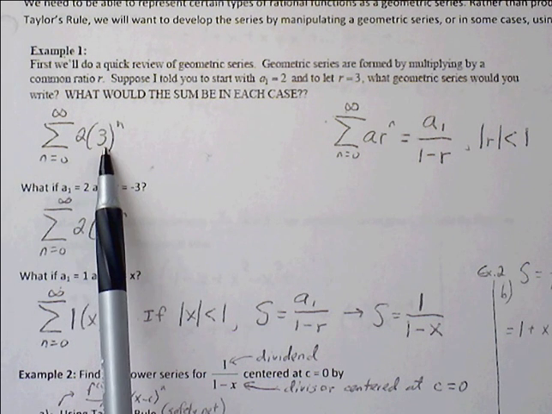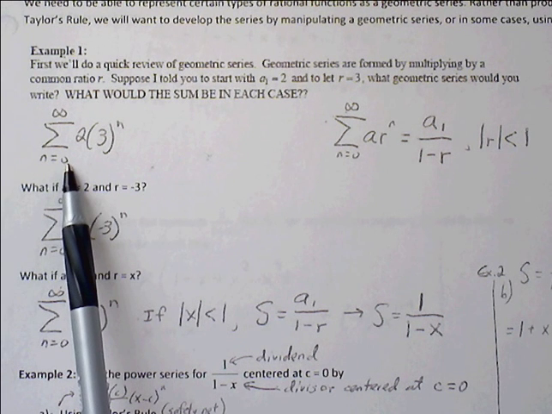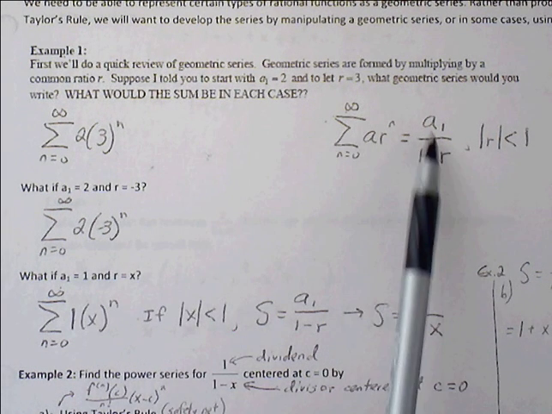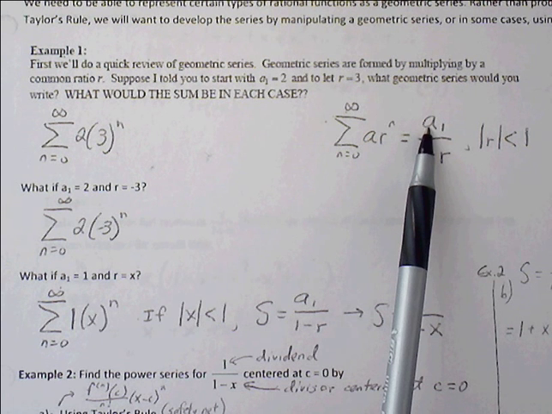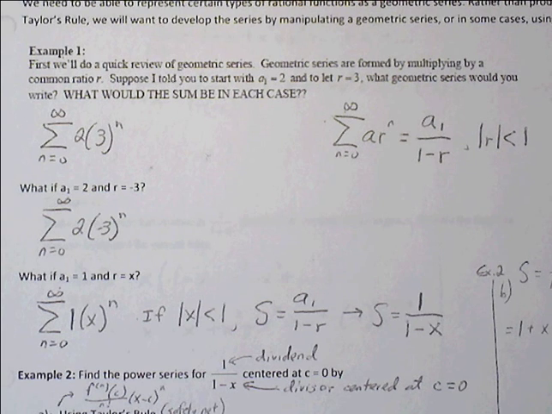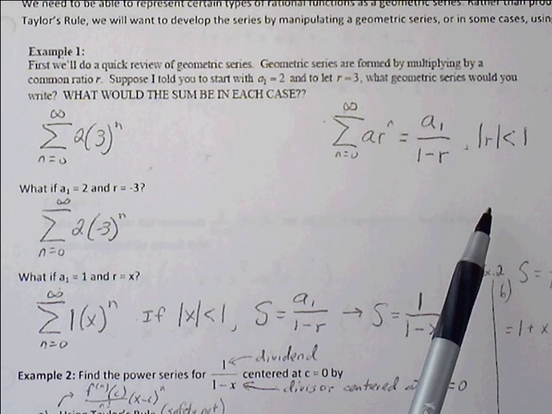First term is 2, our ratio is 3, so we can write it as 2 times 3 to the n, with n starting at 0. And the sum will simply be a sub 1 over 1 minus r. So a sub 1 is 2, r is 3, so it'll simply be 2 over 1 minus 3.